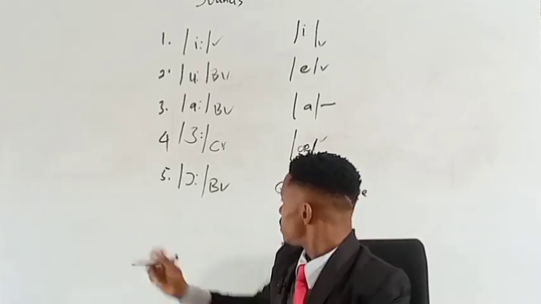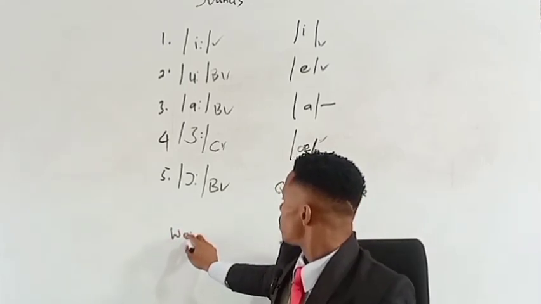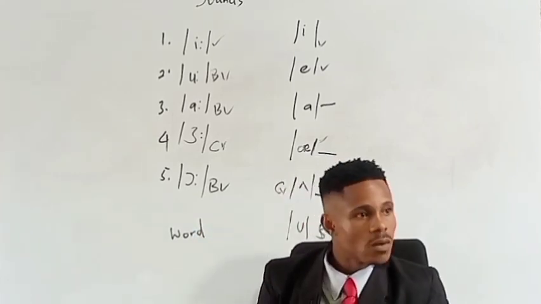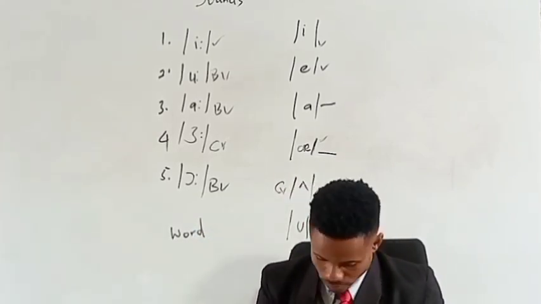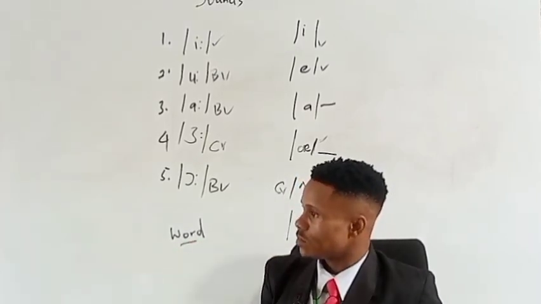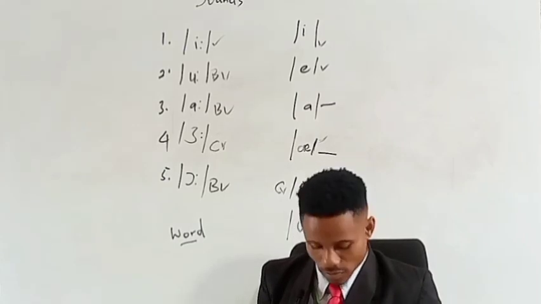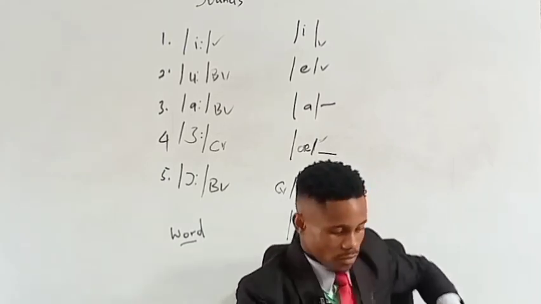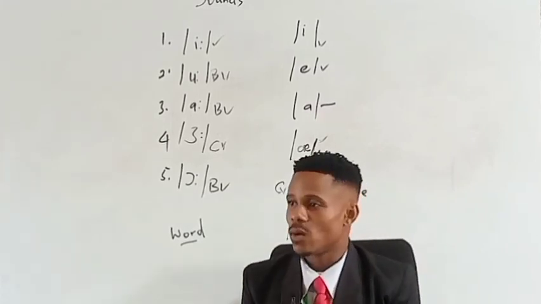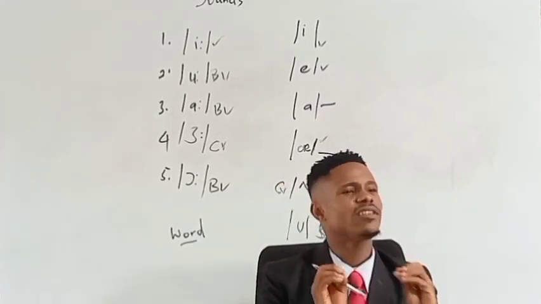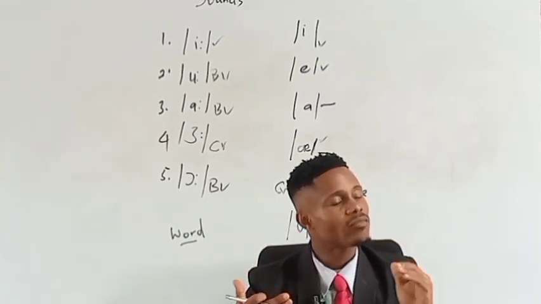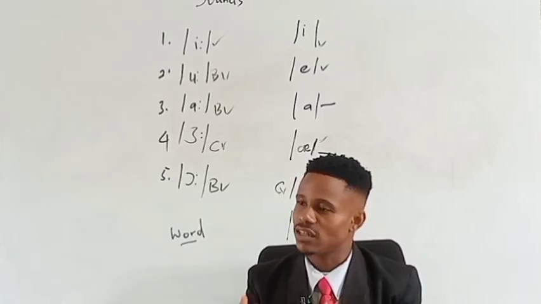Pronounce this. What do you say? What's the vowel here? Okay, now let me ask. Pronounce it again. Now, the pronunciation, which part of your tongue is there something like, is there action taking place?